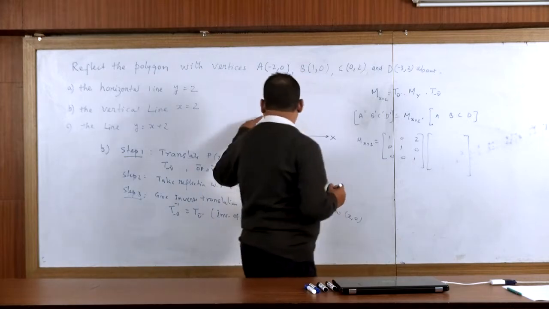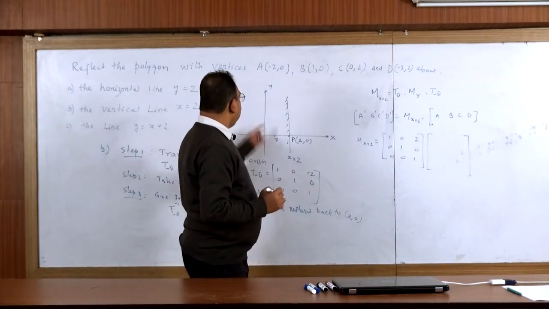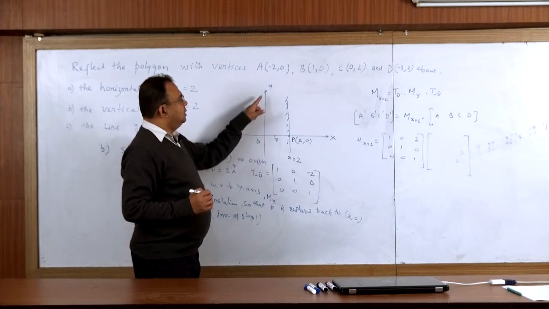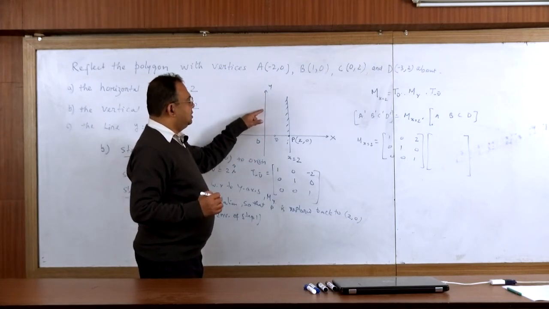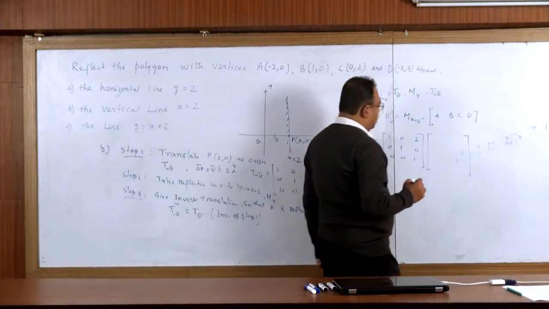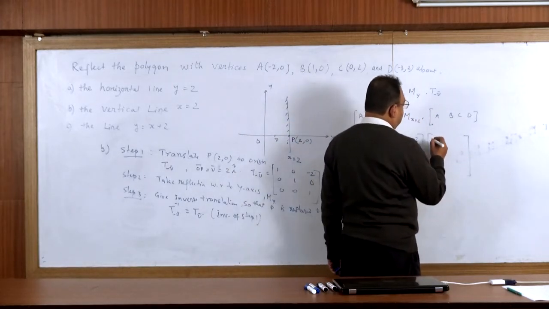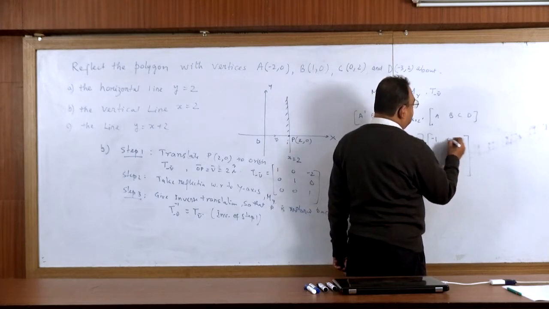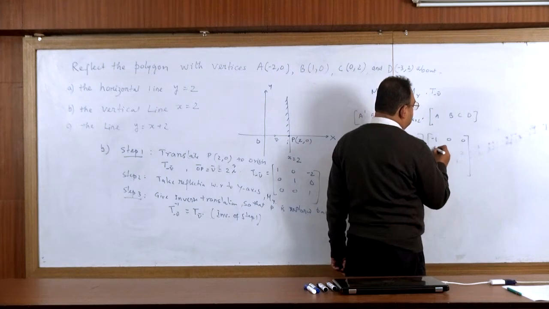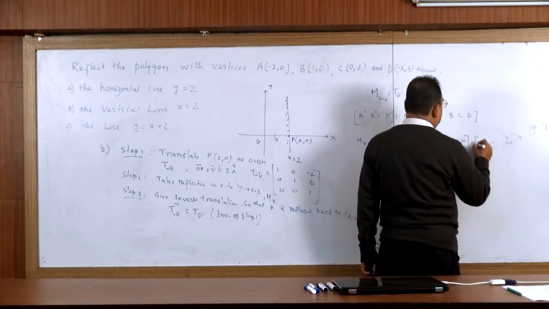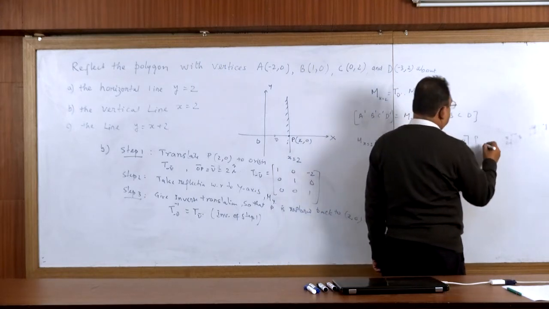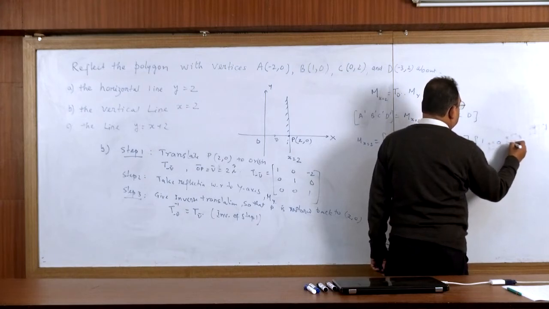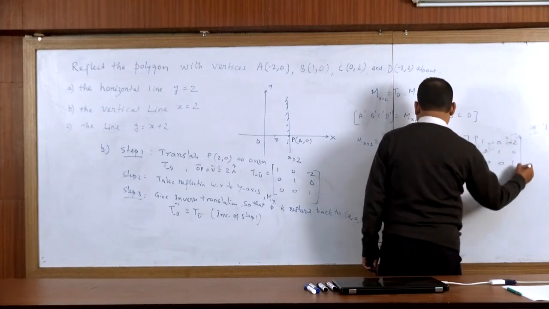Reflection with respect to x is equal to 2: in this case the y component remains the same and the x component is reversed, so minus 1 0 0, 0 1 0, 0 0 1. And T minus V is 1 0 minus 2, 0 1 0, 0 0 1.